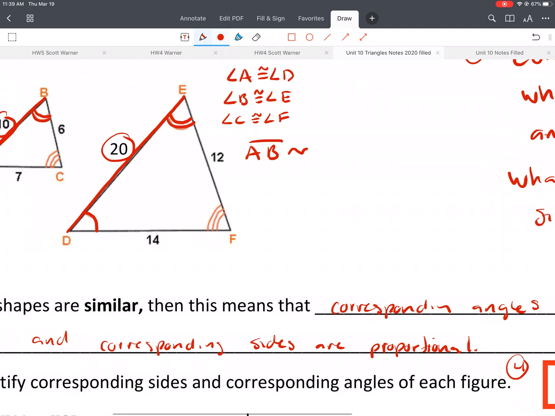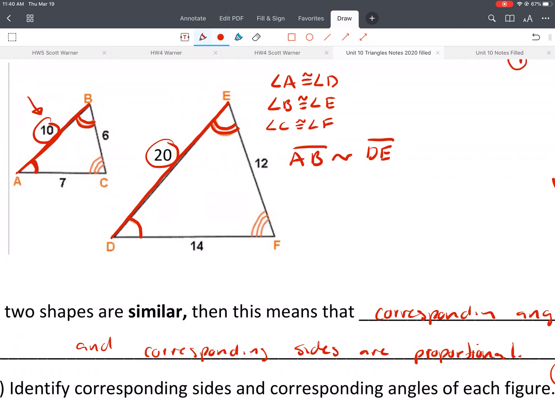So side AB is similar to side DE. And then we could look at the next largest side for the small triangle, which would be 7, and the next largest side here would be 14. So we have side AC is similar to side DF.